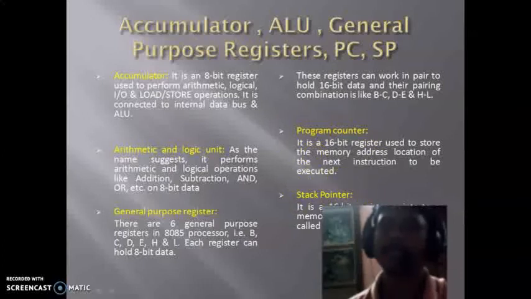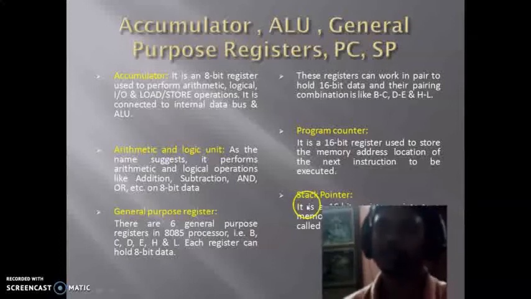And next is the stack pointer, which is very important. Stack is a special type of memory by which we can store data in a particular manner, where data that is stored first comes out last, meaning first in last out and last in first out.